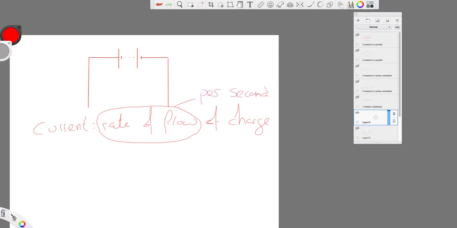You would talk about the rate of loss of water from a bucket in milliliters per second, the rate of flow of water through a pipe in liters per second or meters cubed per second. And charge, of course, again, is in coulombs. So current, we all know, is measured in amperes, which we usually shorten to amps, the symbol capital A. It's also coulombs per second.